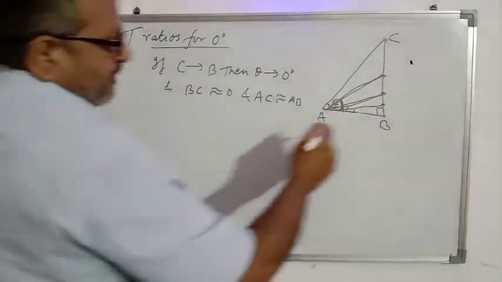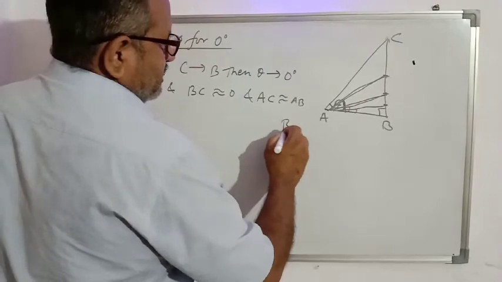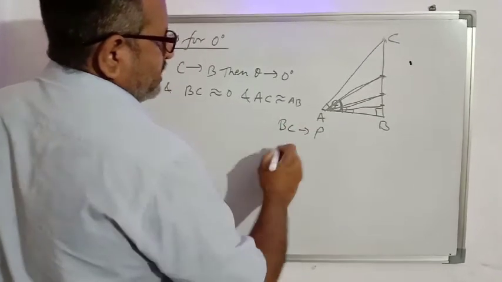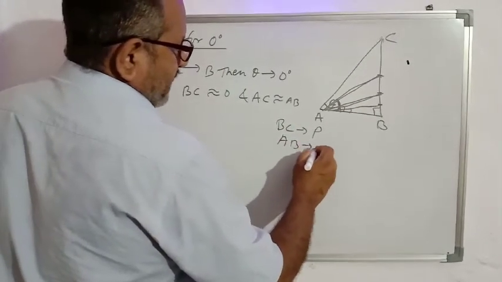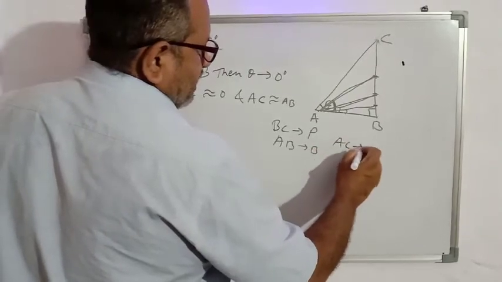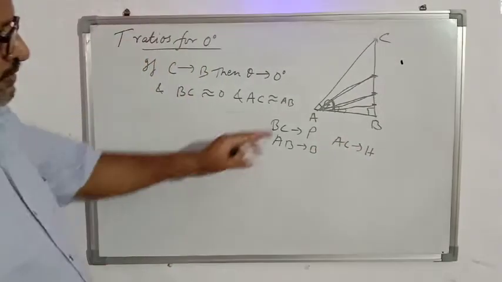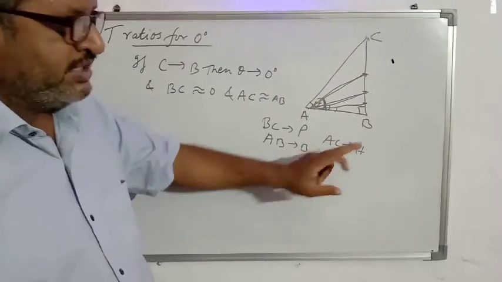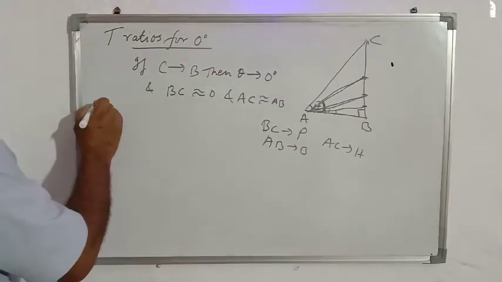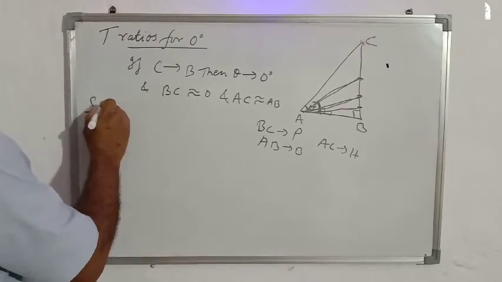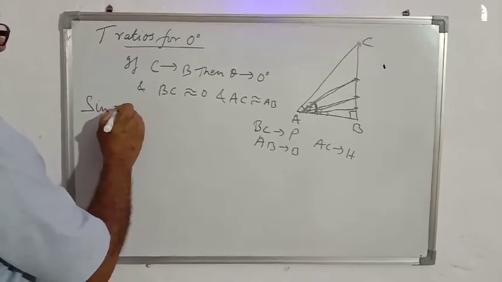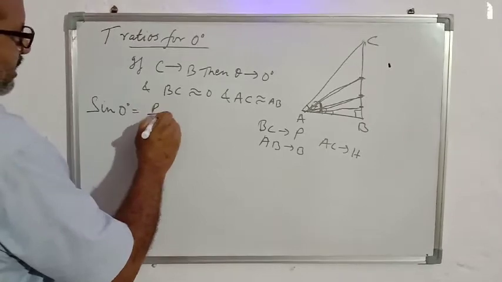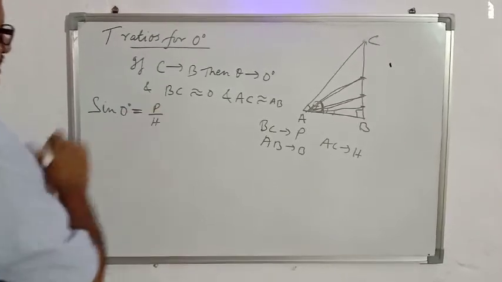So what is BC? BC is the perpendicular for this angle theta. AB is the base and AC is the hypotenuse. We know that sin theta is perpendicular by hypotenuse.